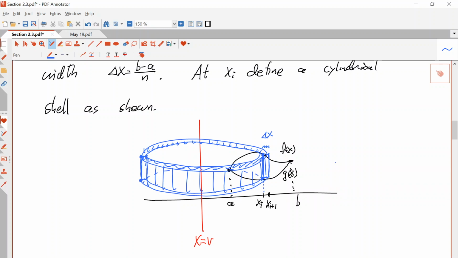So we estimate the solid by calculating the volumes of these cylindrical shells, adding them up, and then letting n go to infinity.